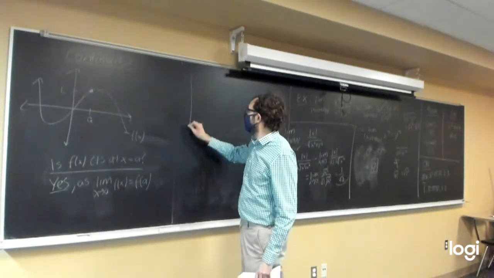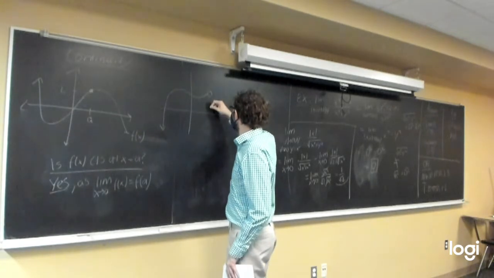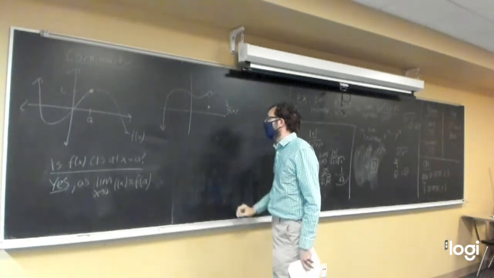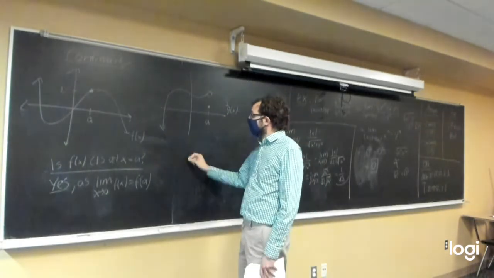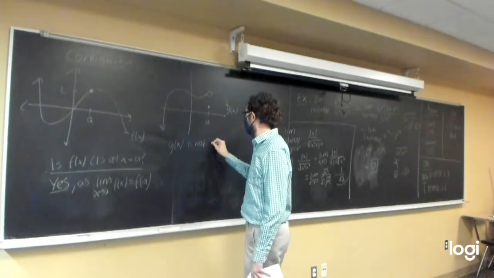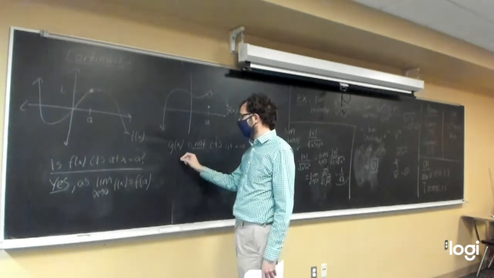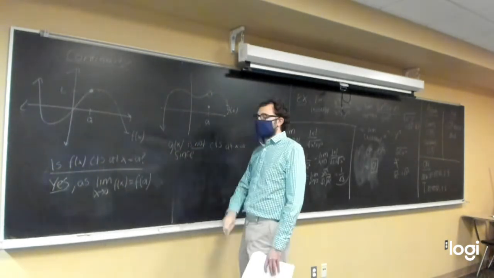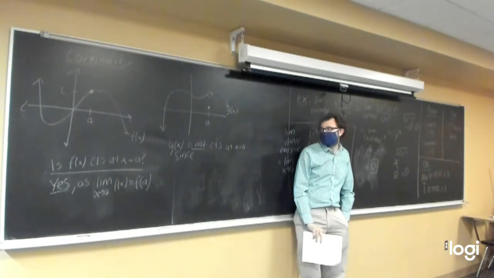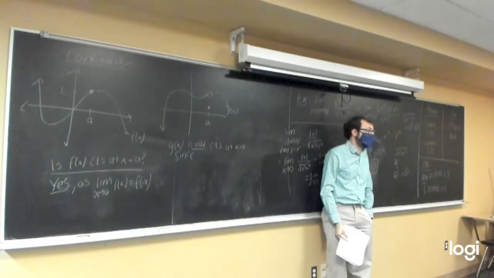Whereas with something like this, this is g of x, and this is our a, I would say g of x is not continuous at x equals a, since what is true for this particular function? What about this g of x makes it not continuous at x equals a from looking at the graph?